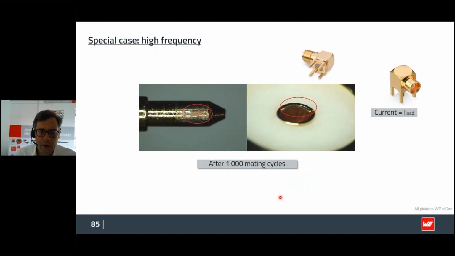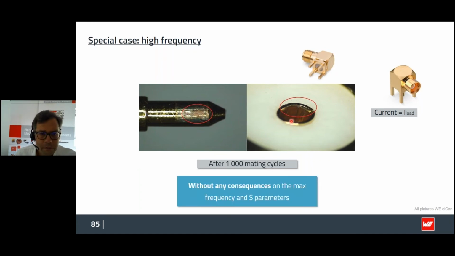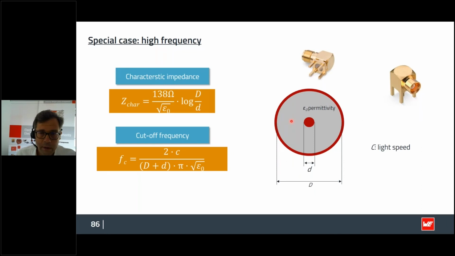First of all, we have a look at the mating cycles. By mating this interconnection 1000 times, you can see some scratches and some deterioration on the surface, more than double, or 2 times more than is specified in the data sheet.